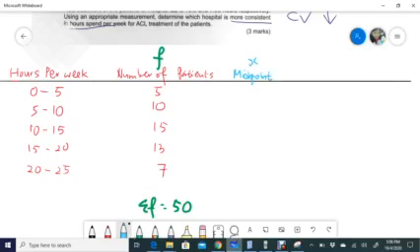For the midpoint, do remember to put x. To get the midpoint, you total up and divide by 2 as usual.